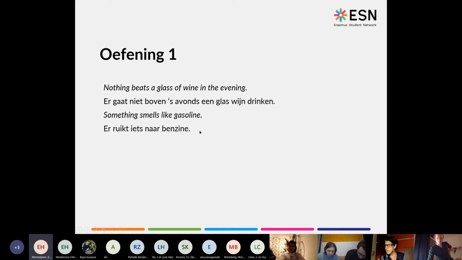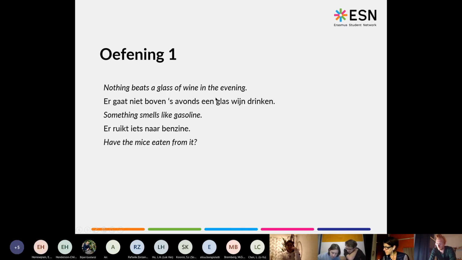We put that at first and then didn't have an er, but then we thought, okay, maybe it's replacing the er. Yeah, that makes sense. But you can also say iets ruikt naar benzine. Okay, that's what we had first, but then we realized that's indeed then a specific subject, so you would put er in front. Yes. Okay, right. Next one.